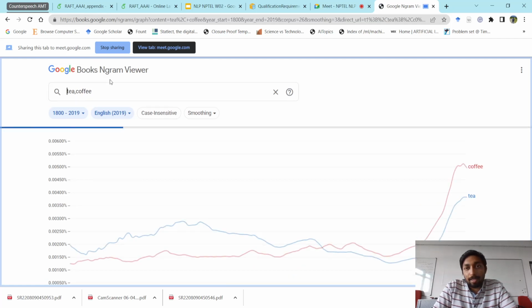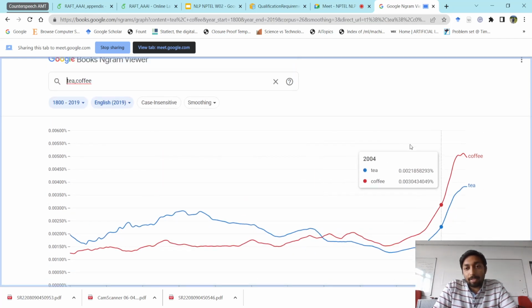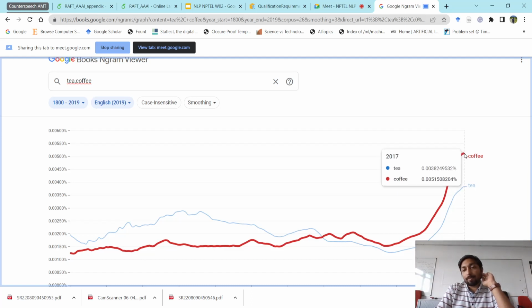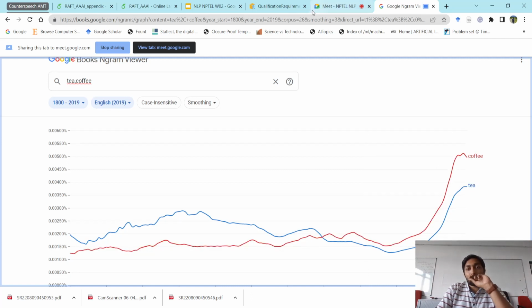Okay, so now we get a distribution. Coffee is greater than tea overall. This provides the overall percentage, so the frequency of coffee is greater than tea. Now you can do it for all the 4 and let me know what is the ascending order.